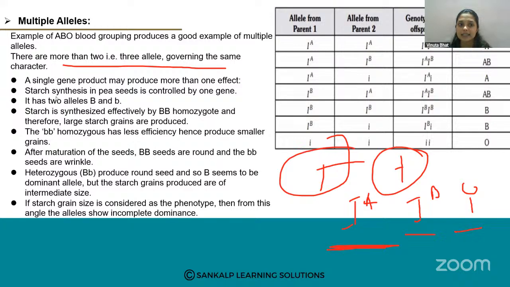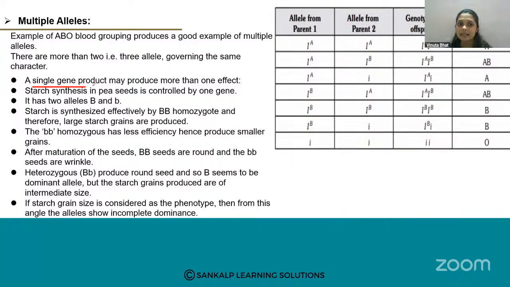so it is also called multiple allelism. Here, a single gene product may produce more than one effect. Starch synthesis in pea seeds is controlled by one gene. It has 2 alleles, capital B and small b. Starch is synthesized effectively by the capital B homozygote and therefore large starch grains are produced.